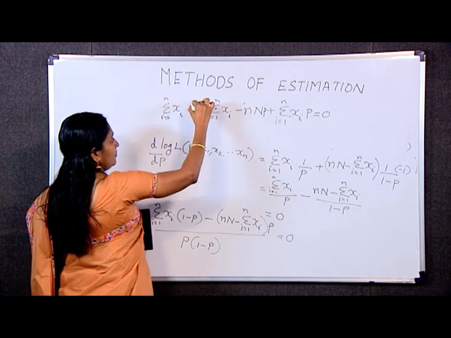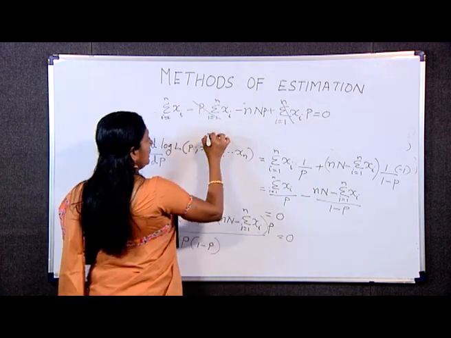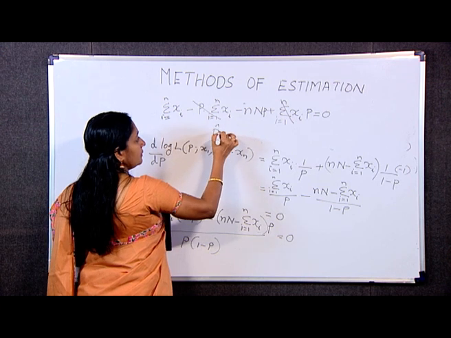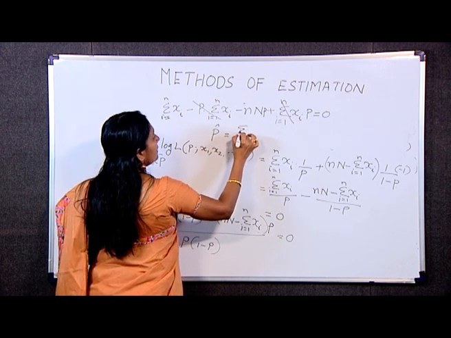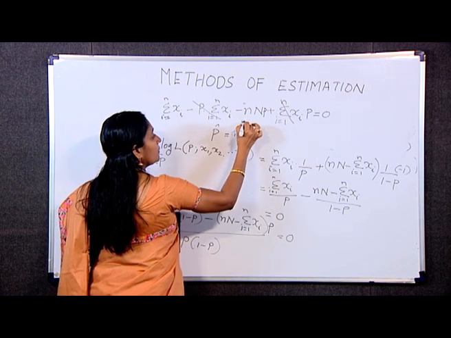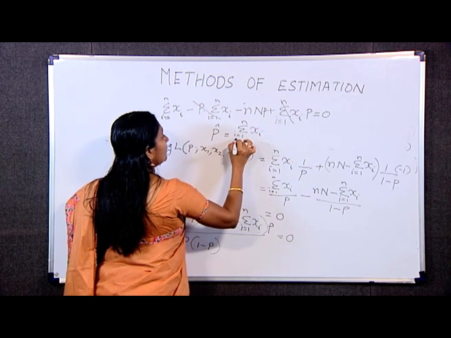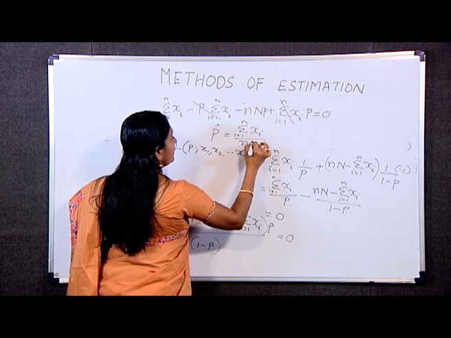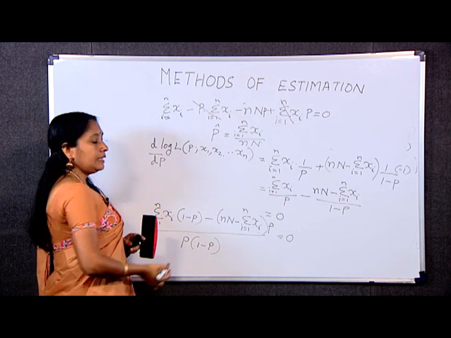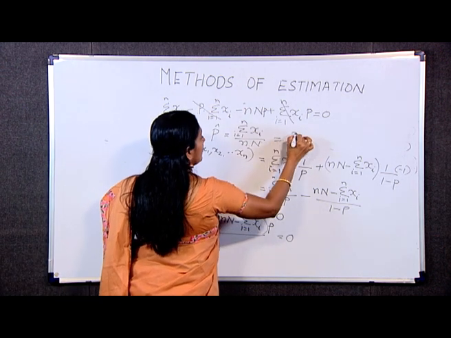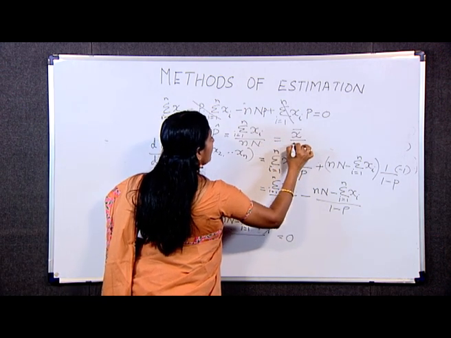Again these two terms cancel and we get p hat is equal to summation i equal to 1 to n xi divided by n into capital N. It is exactly equal to x bar divided by capital N.